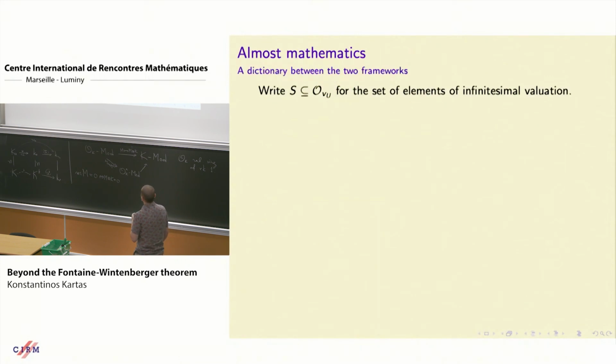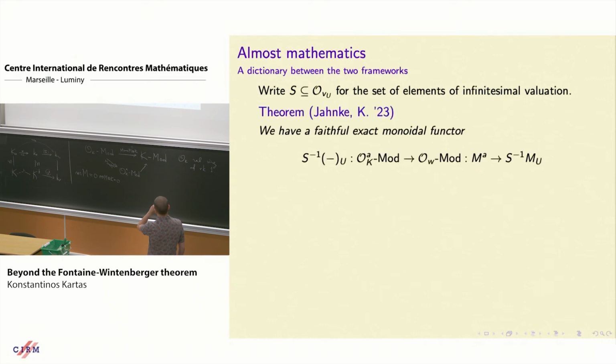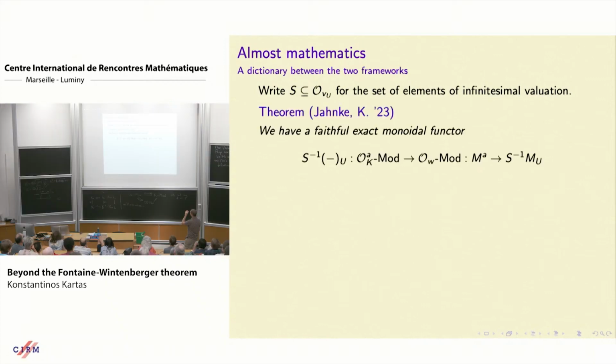Okay, this slide is a bit technical, so I will not read everything that's written here. But basically, this dictionary is explained via a functor from the category of almost modules to the category of honest modules over OW, which takes an almost module and sends it to the localized ultrapower.